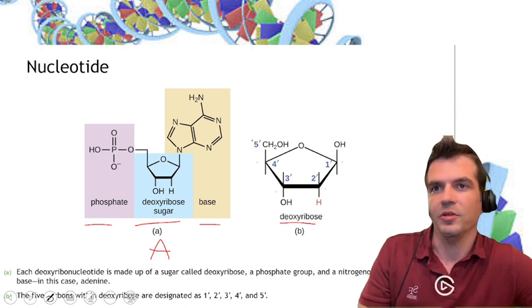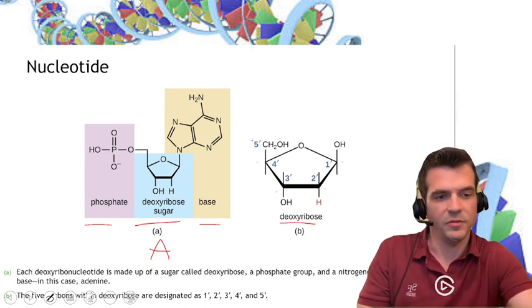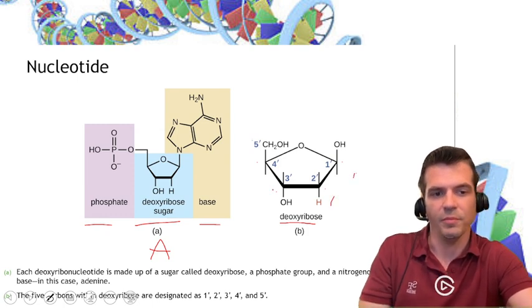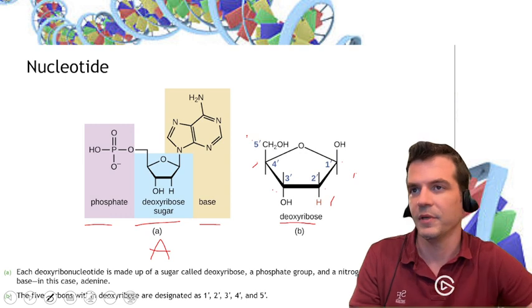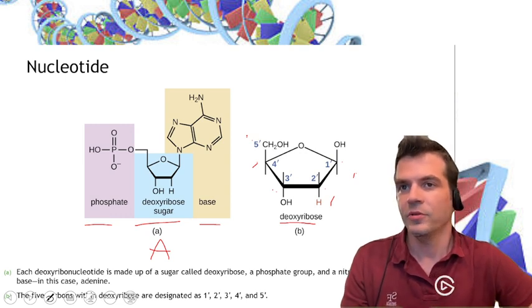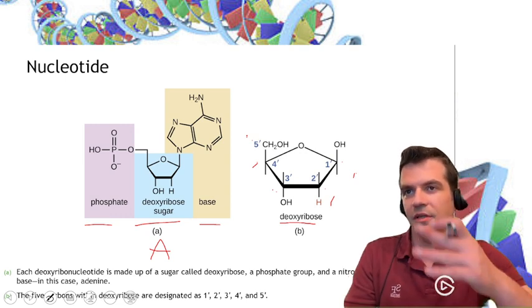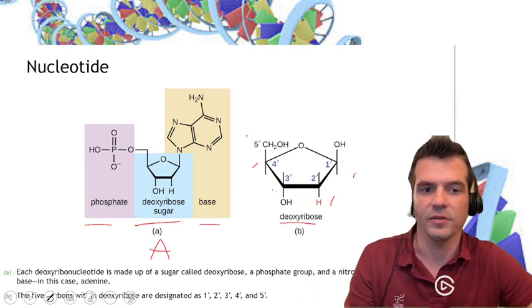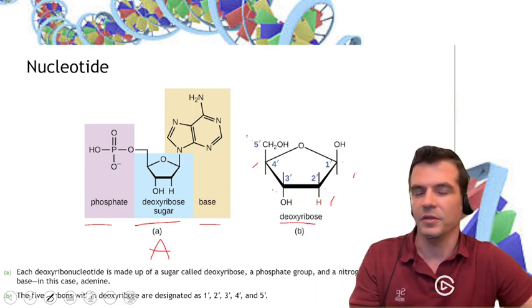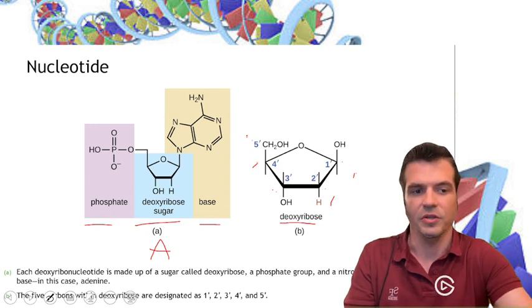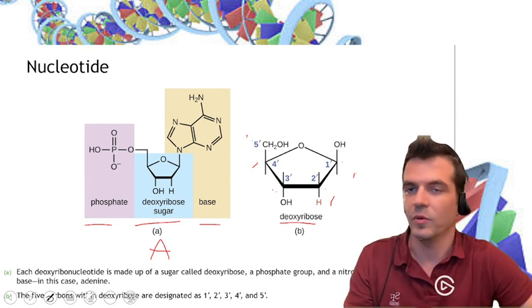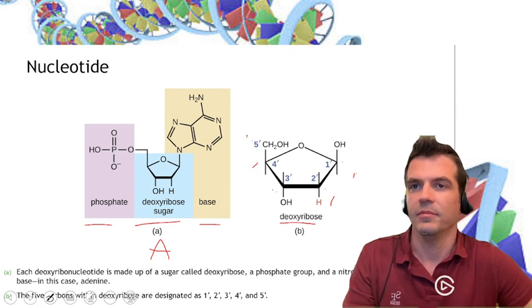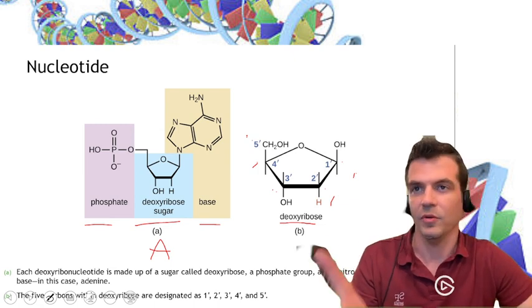As you can see, you can count them as well, and it counts it for you: 1 prime, 2 prime, 3 prime, 4 prime, and 5 prime. Those are called primes because the other carbons in the base will be numbered as well. And so the deoxyribose sugar is denoted with that tally mark prime, so that you can count those separately from the base.